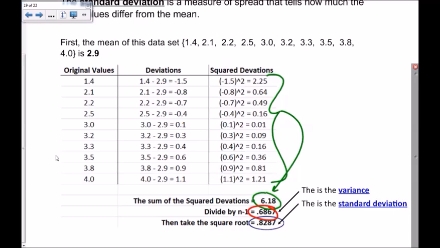That number is called the variance, and has some nice properties we'll talk about later on in the year. Now when we take the square root of that number, that gives us the standard deviation. It's a long process, but it's a way of measuring spread and has some very powerful properties that we'll be using quite frequently throughout this year.